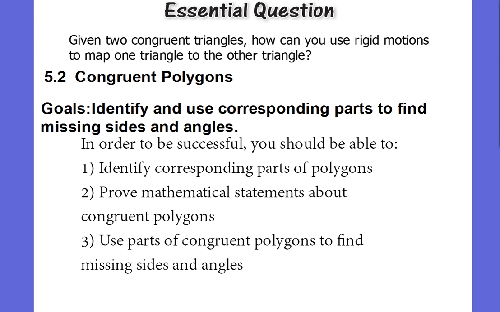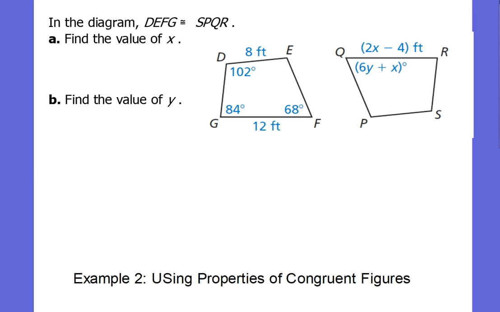We also talked about the concept that order truly matters. Order matters because you are specifically saying which parts match up with what: endpoints to endpoints, angles to angles. So we're going to use that in some algebraic expressions here.